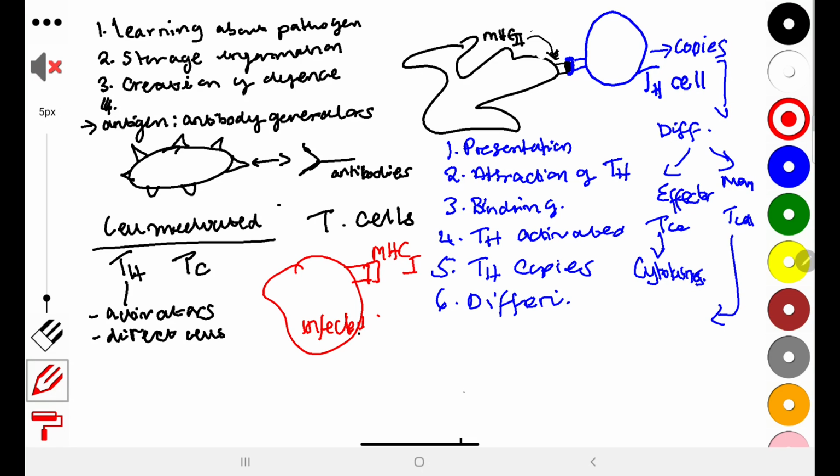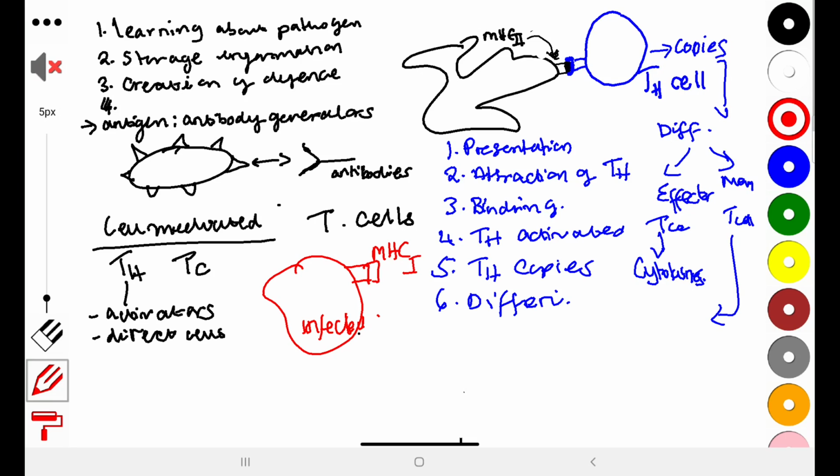We remember this. We remember this story, right? So the cytotoxic T cell, they're able to attach, okay, and then also kill these cells. All right.